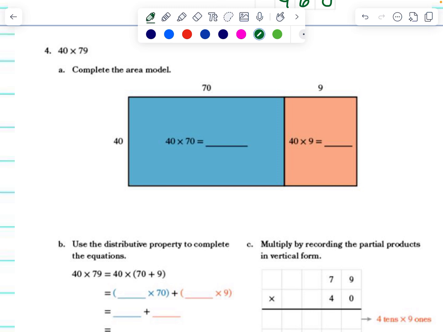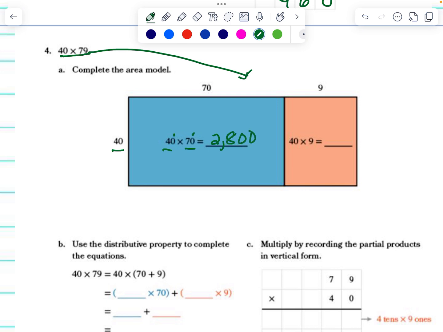Let's check. The problem is 40 times 79. They have taken 79 and decomposed it to 70 and 9. 40's on the side. We're doing length times width to get the area, what's on the inside. 40 times 70 is 2,800.